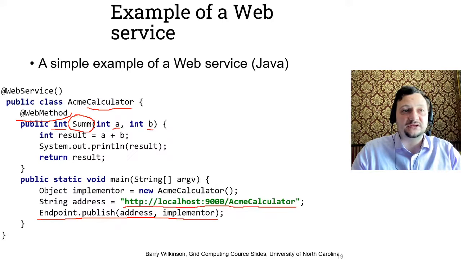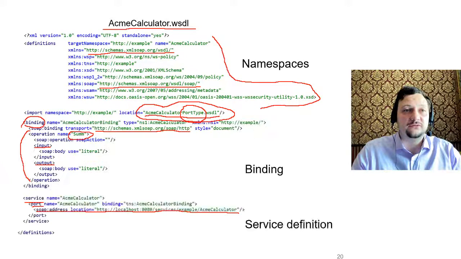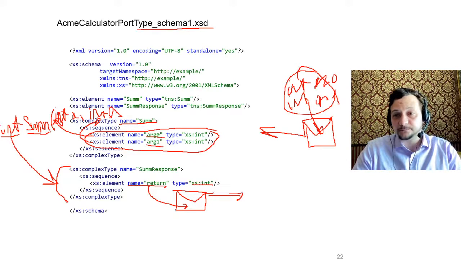And these 15 lines generated these huge files, more than 60 lines of generated XML code to describe this 15 lines of Java web service definition.